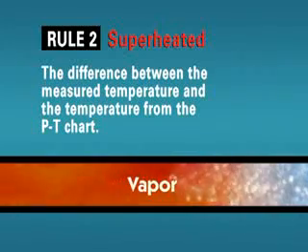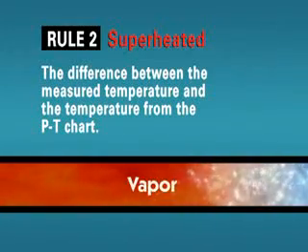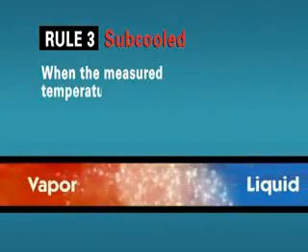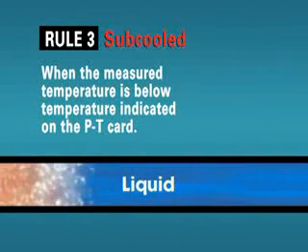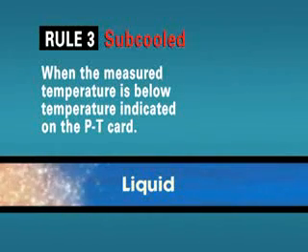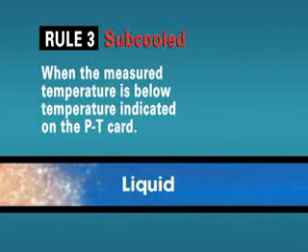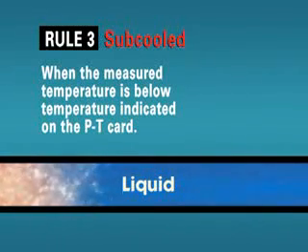The amount of superheat is the difference between our measured temperature and the saturated temperature. Rule 3. If our measured temperature is below the saturated temperature indicated on our PT card, we must have subcooled liquid. The amount of subcooling is the difference between our measured temperature and the saturated temperature.